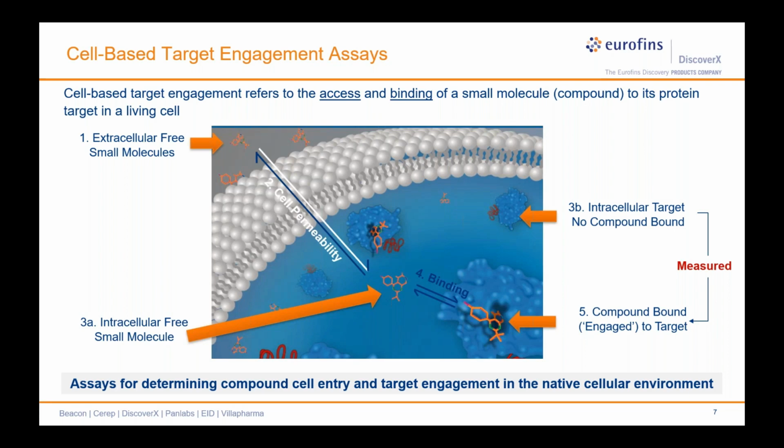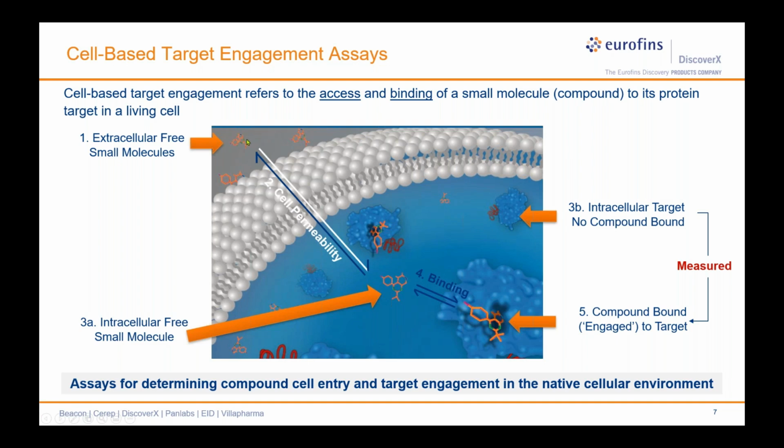One of the key components of a cell-based target engagement assay is to have an intracellular protein target whose biophysical properties can be monitored as they change due to compound binding. So in this case, we need a target for which we can detect changes in the biophysical properties. In order to perform these assays, the cells are grown in tissue culture. Compounds of interest are added extracellularly.